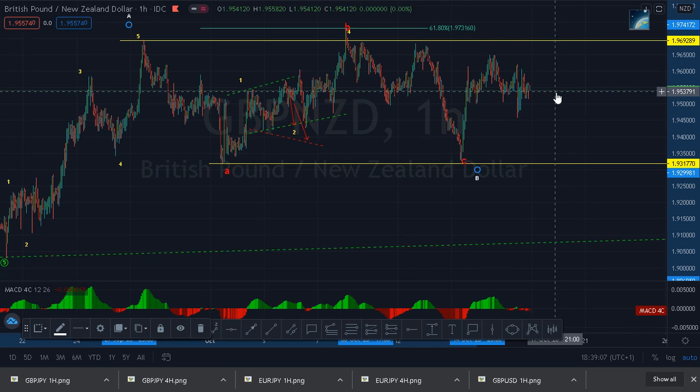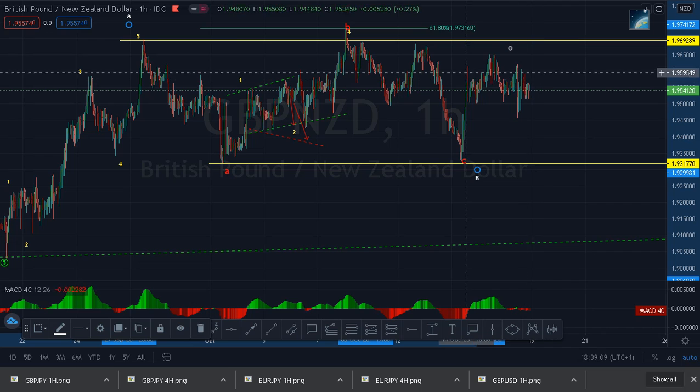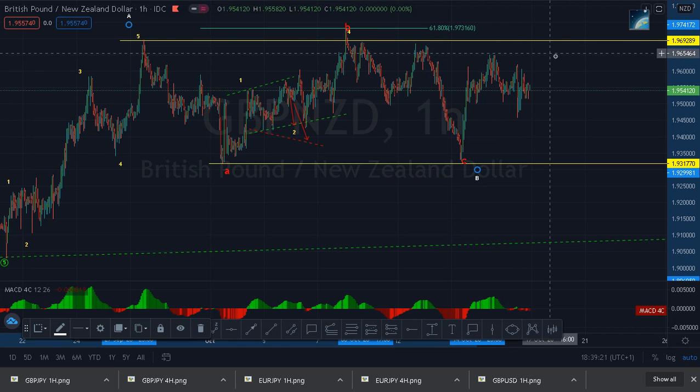And 1 hour. This is an impulse movement. This is equally impulse. But if it doesn't take this out, it is a correction. So we keep watching.